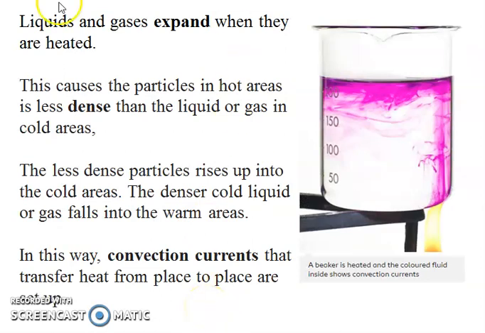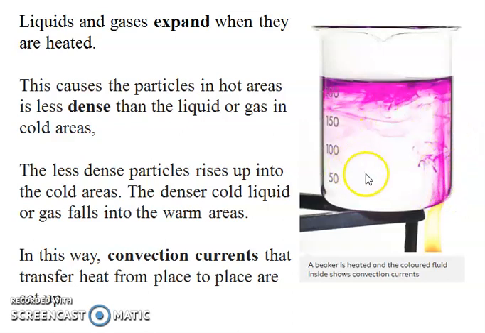As we know, liquids and gases expand as they are heated. When they expand, they become less dense than the liquid or gas in colder areas. So the hotter object expands and becomes less dense than the colder object. The less dense particles will rise up. As we can see here, this is a chemical which will change color when heated.